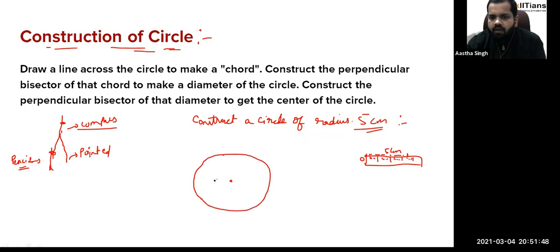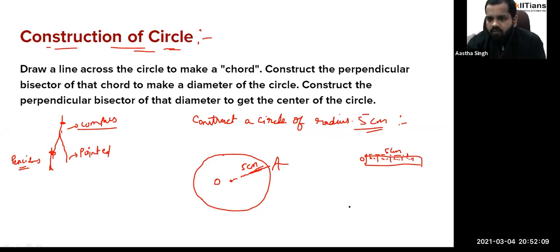Suppose you have your O point and your A point. Your OA will be what? 5 centimeter, right? Make the pointed one at O and your pencil at A and just revolve it. You will find that a circle will be drawn.